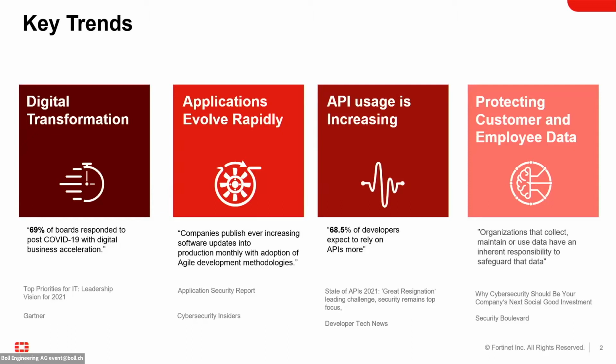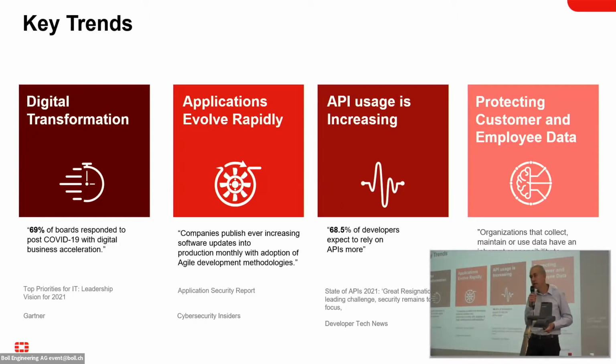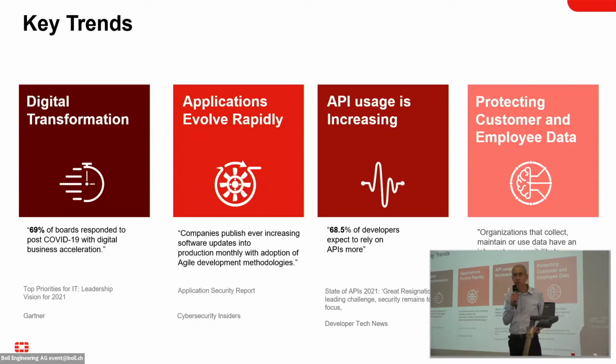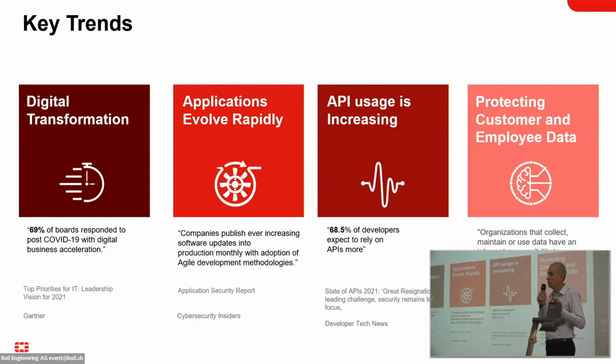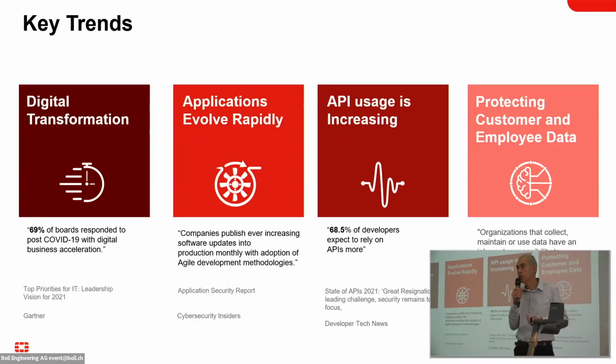They are now in a situation where they push new releases and new features on a bi-weekly basis versus every 3 months. So the level of risk is also increasing, because every time you release something into production, there's a risk of bugs or errors, and that level of protection needs to be there as much as needed.